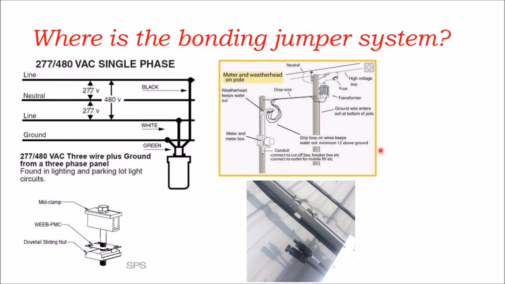Here are the high voltage power lines with a neutral, and that neutral is going into the transformer, and the transformer is also establishing a reference voltage to ground and providing a leg 1, leg 2, and neutral at the meter. So the utility is providing the neutral, and the utility is connecting that neutral to ground.